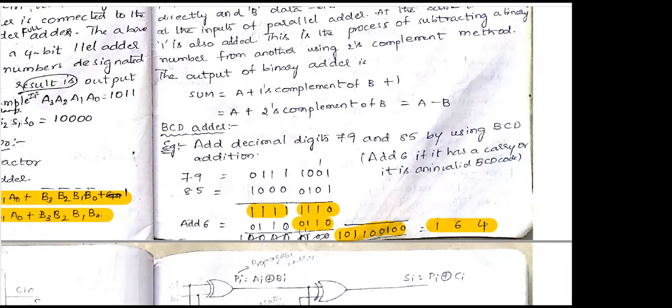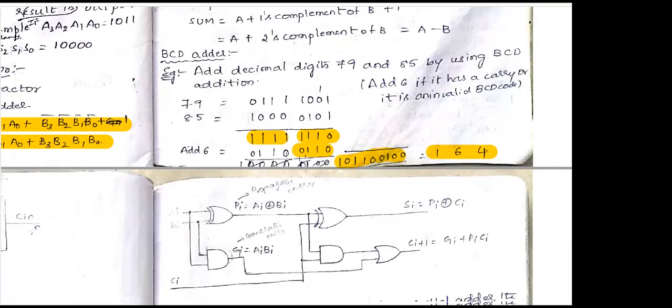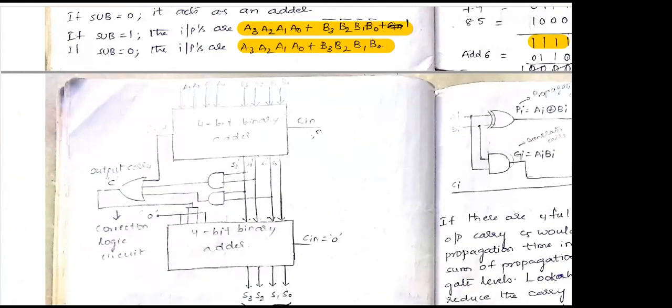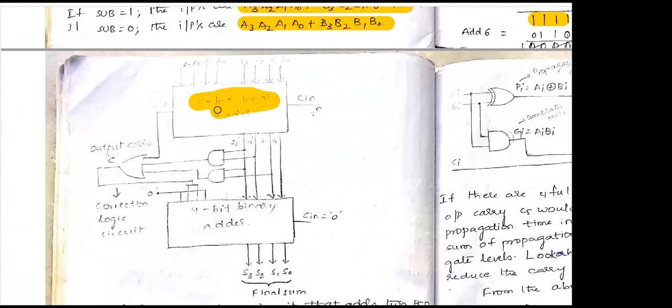The circuit is shown like this. The BCD adder circuit, you can observe here, we are performing the addition two times. To add the first 4 bits, I am using the 4-bit binary parallel adder circuit. This is the first circuit, and similarly I have taken a second 4-bit binary adder to make the correction. Between the 2 circuits, we have used a correction logic circuit.